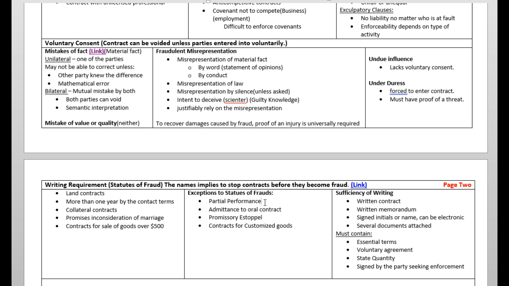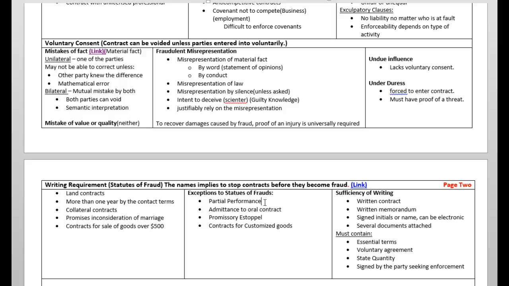Promissory estoppel, and remember that's where you rely on that promise and either forestall action or do a specific action with the full intent of receiving that promise. And then contracts for custom goods can be oral even if they are over $500.